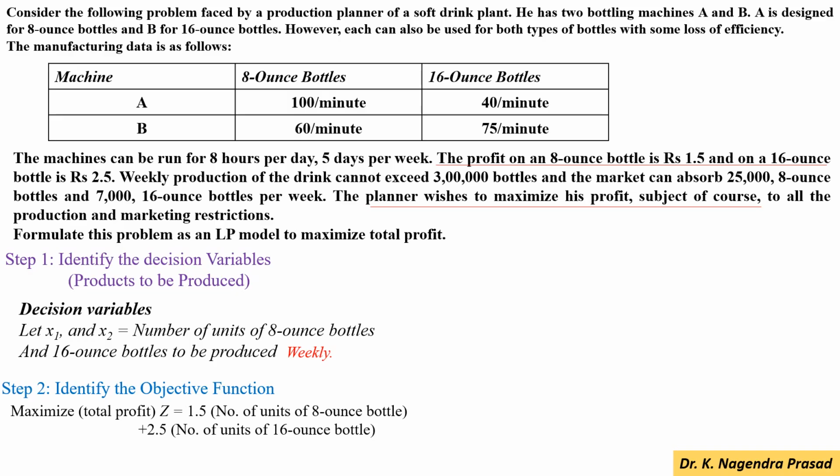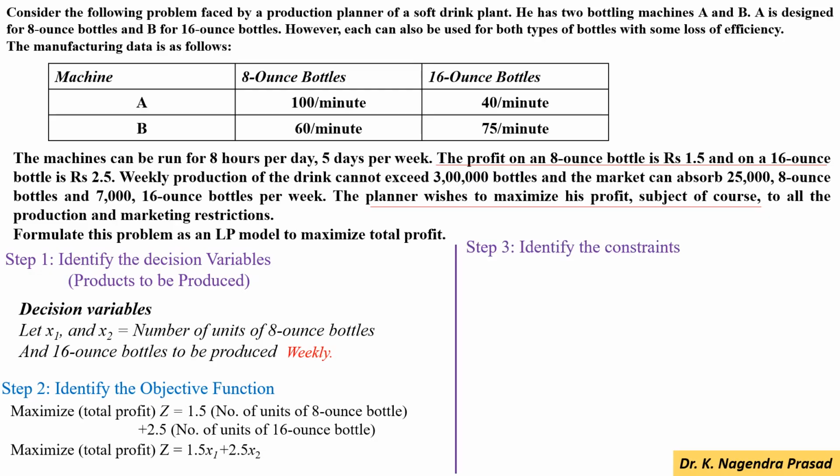So, here decision variables are x1 equal to the number of 8-ounce bottles to be produced weekly, x2 the number of 16-ounce bottles to be produced weekly. Since data is given weekly, x1 and x2 are the number of units of 8-ounce and 16-ounce bottles to be produced weekly. So, maximize Z equal to 1.5 x1 plus 2.5 x2.